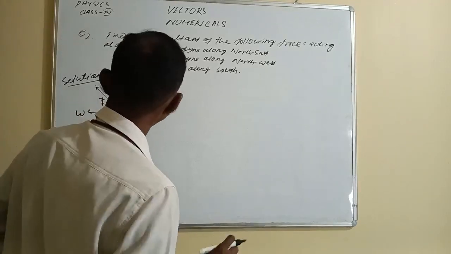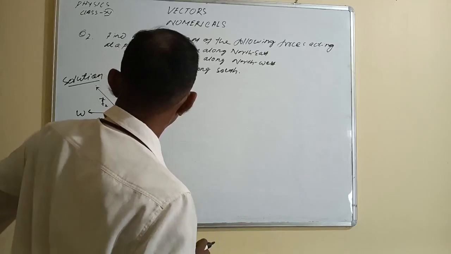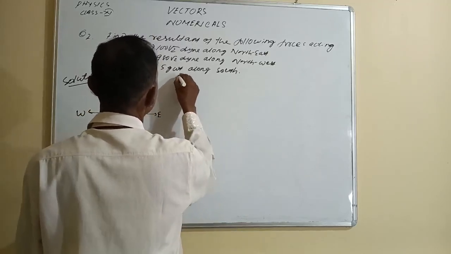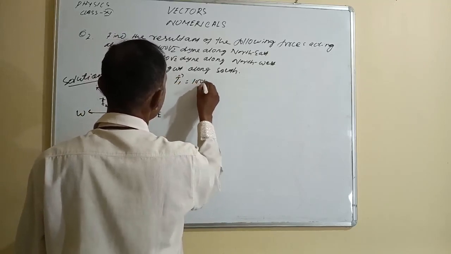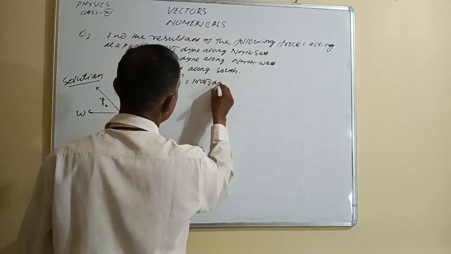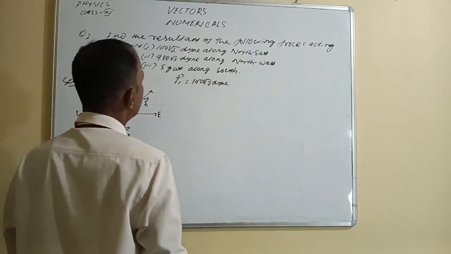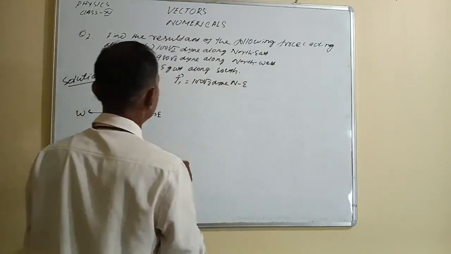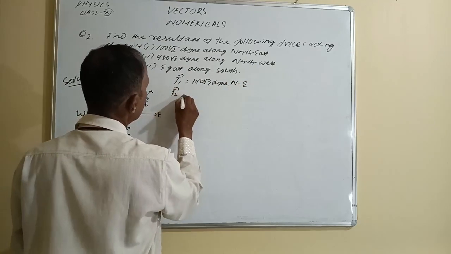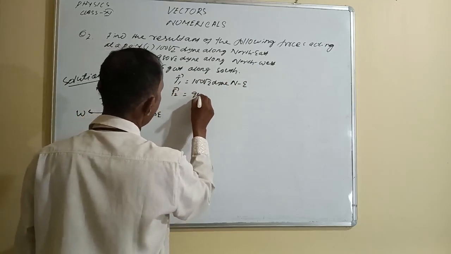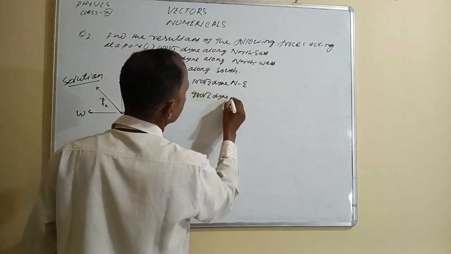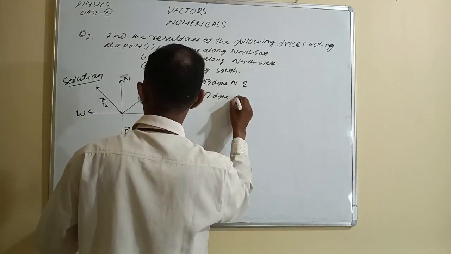So I can write that F1 is equal to 100 root 2 dyne, that is northeast. F2 is equal to 980 root 2 dyne, that is northwest.